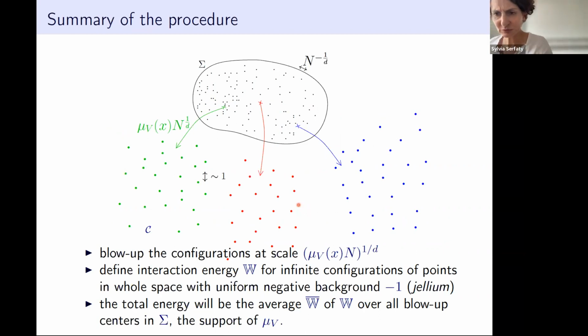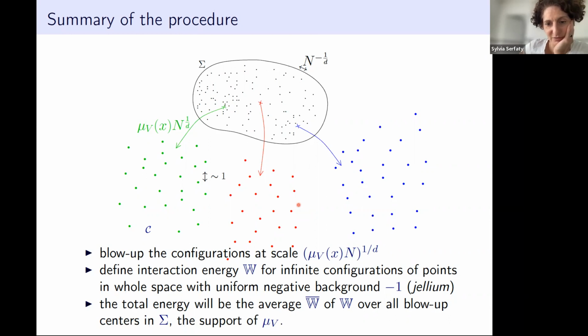And then what we're going to do is couple this with the blow-up procedure. So here you see I've plotted the support of the equilibrium measure, which is denoted here as sigma. And you know that you have endpoints typically in that support. So typical distance between points is n to the minus 1 over d.